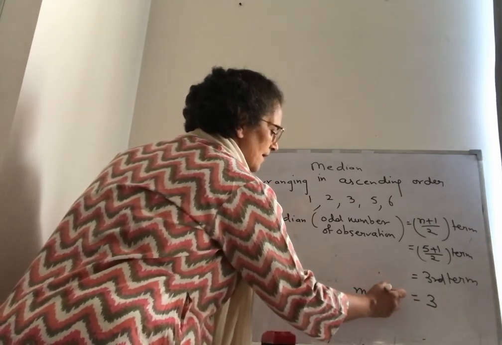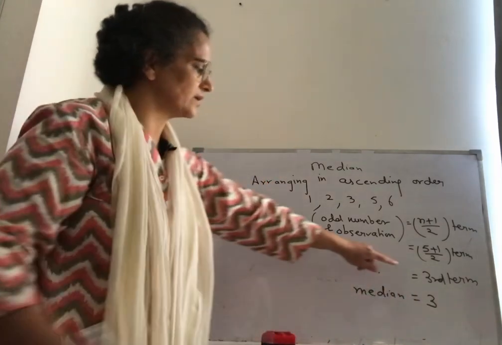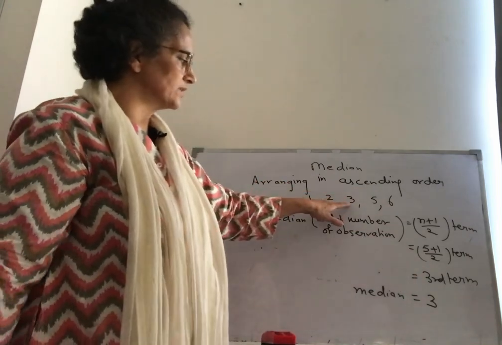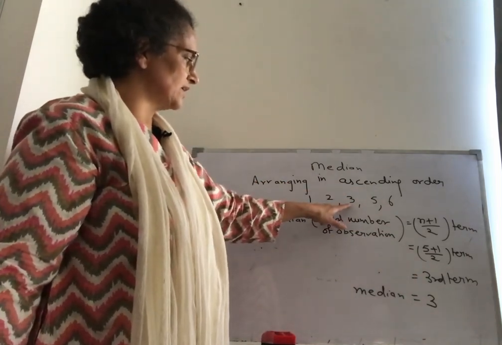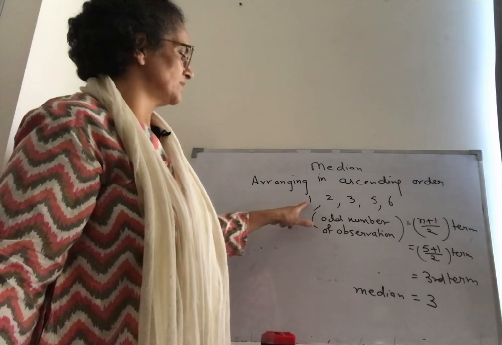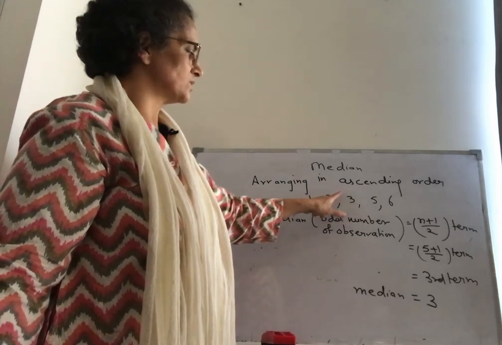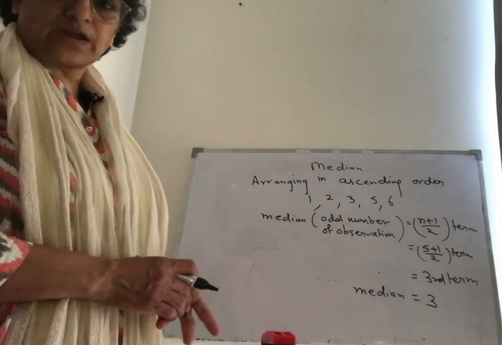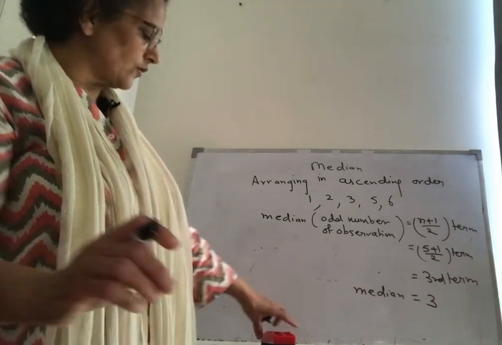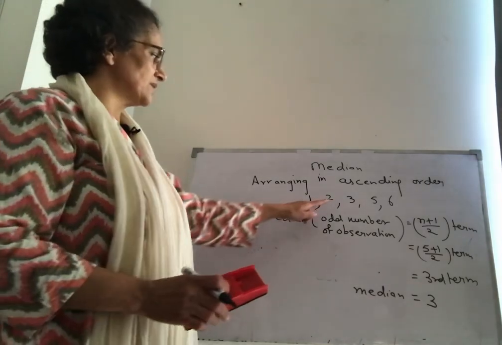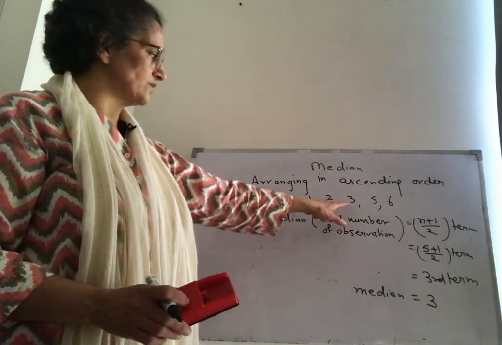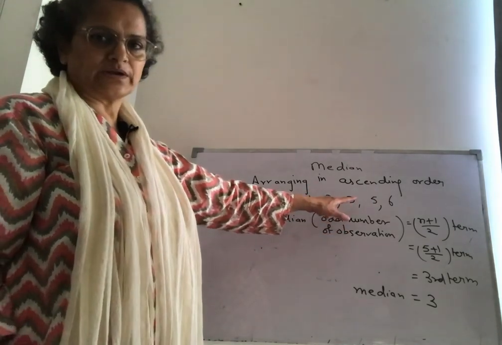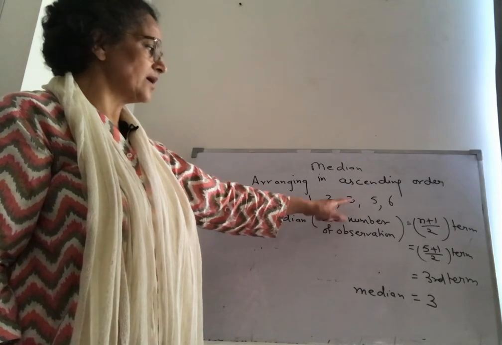We go back to the data to check the third term, and after arranging we can only count from this side. This third term becomes my median. This is the case I have taken for an odd number of observations. For an odd number of observations we got it from the data, as 3 is there in the given data.